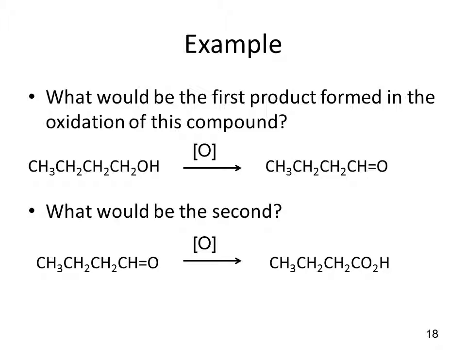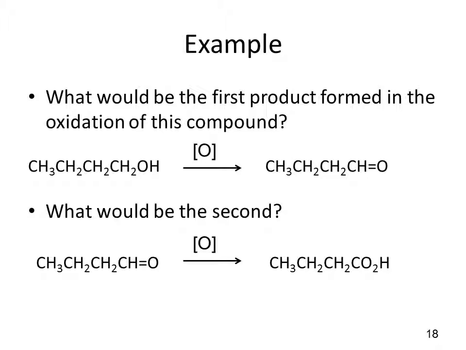In these examples, the top alcohol is 1-butanol. 1-butanol is a primary alcohol. The hydroxyl group is on the end of the chain. What would be the first product formed when you oxidize this? Well, oxidation is going to remove a hydrogen from the hydroxyl group and from the carbon that the hydroxyl group is attached to.